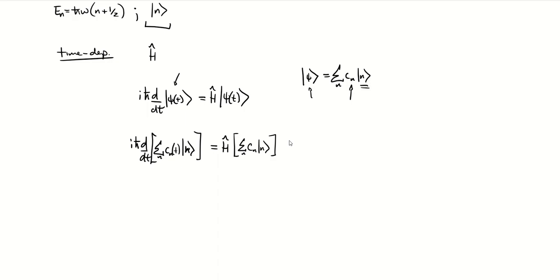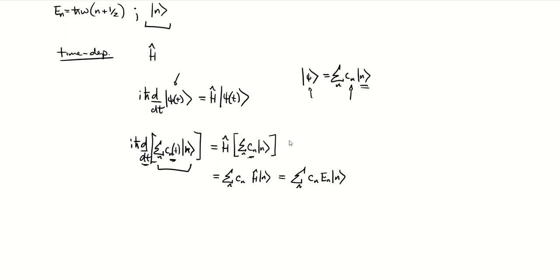When we do this, the only thing with time dependence in here is the coefficients of that linear combination. And since these coefficients are just scalars, they can come outside. This can be written as Cn, the operator acting on our energy eigenbases. Since these are eigenfunctions of our Hamiltonian, this side of our equation ends up being those Cn times the energy eigenvalues times n.